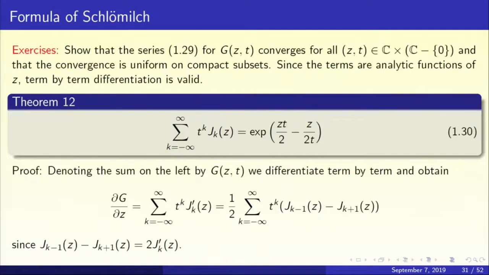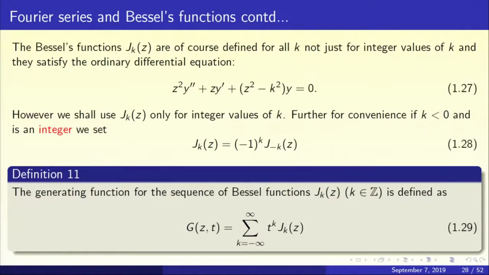Use the estimate that we have just obtained to prove that the series 1.29 for G(z,t) converges. What is this 1.29? You see it on the slide. G(z,t) is the summation k from minus infinity to infinity of t to the power k J_k(z).